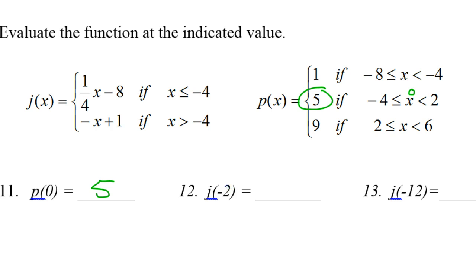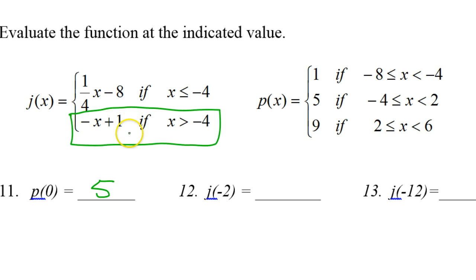Now on the next problem, it's function j. So focus your eyes over here now. So -2. Is -2 less than or equal to -4? No. Is -2 greater than -4? Yes. -2 is greater than -4. So we're going to use the bottom function.